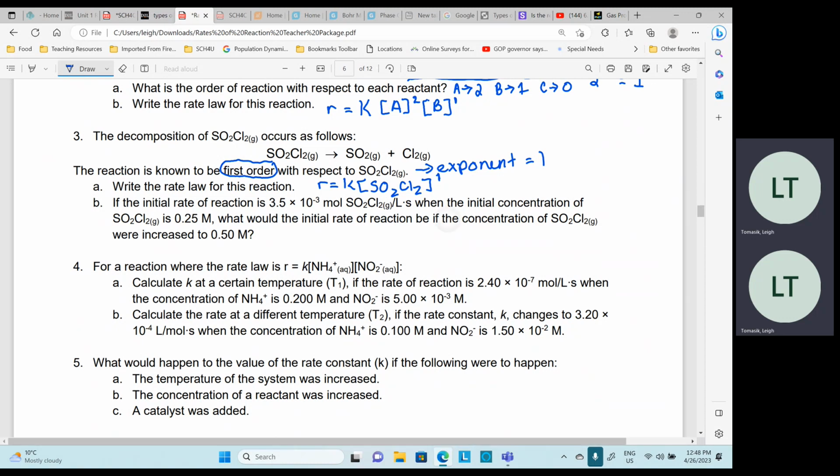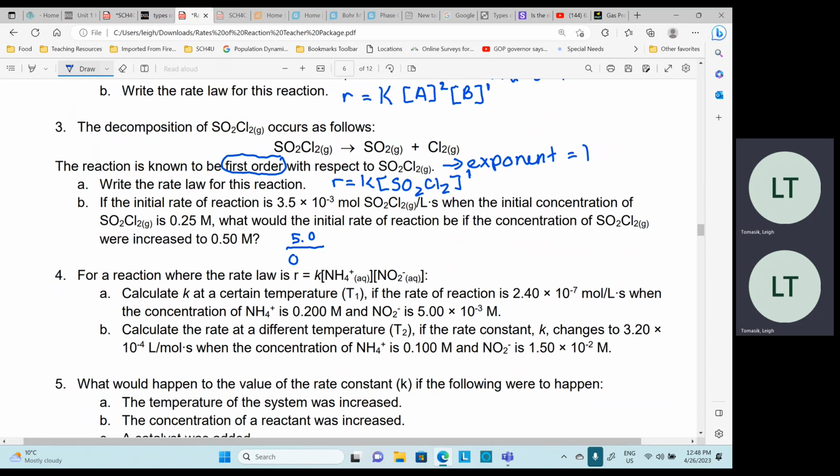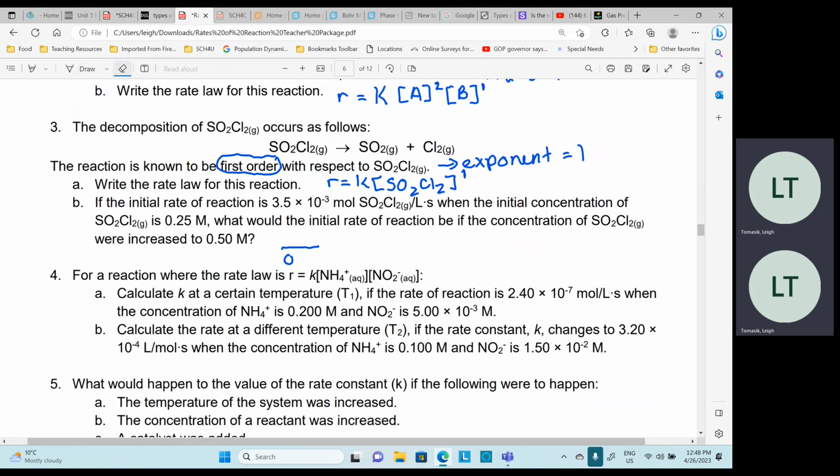So we know that we doubled the concentration.